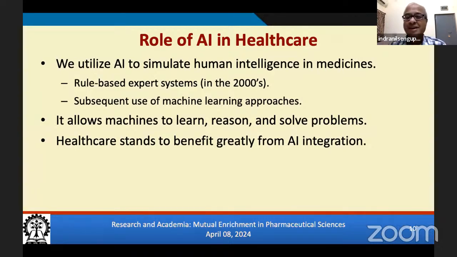But suppose I say that whatever is in the doctor's head, the expertise, can I feed it into a computer in a database? It is very difficult, because taking the knowledge of a doctor in a form which can be fed into a computer is extremely difficult.